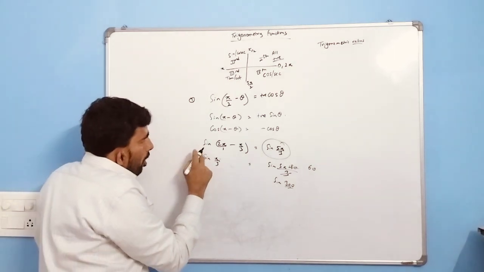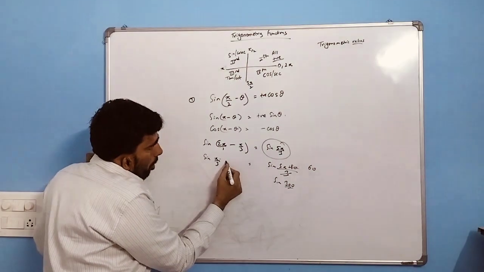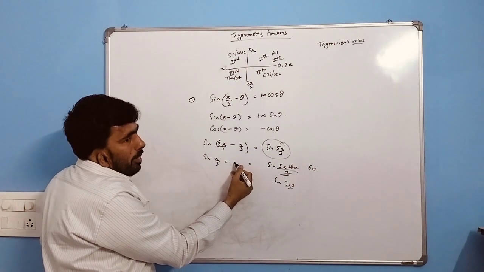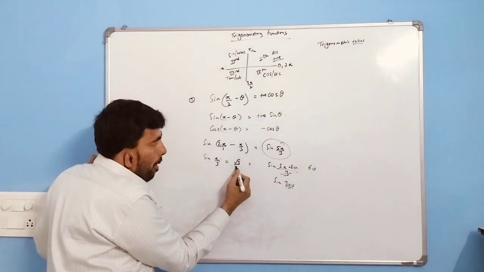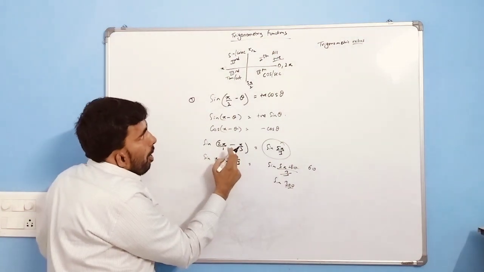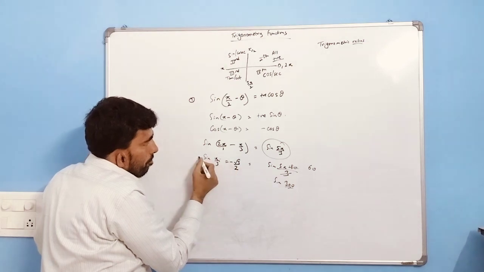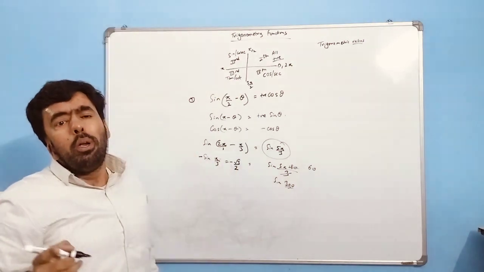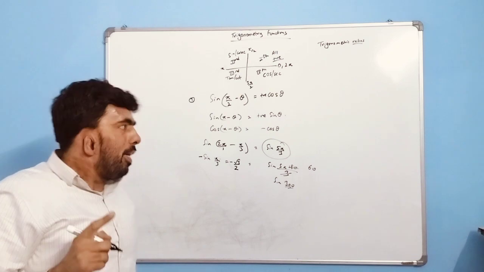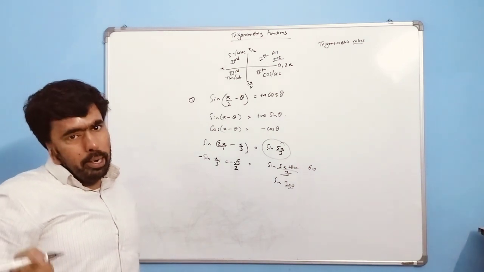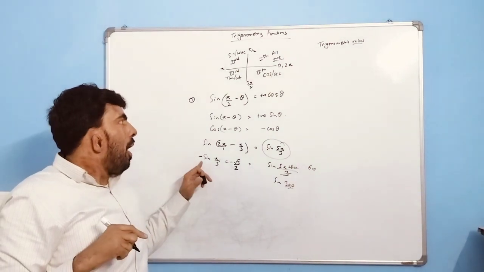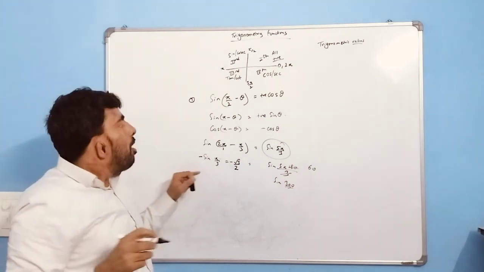So what is sin pi by 3? Sin 60 is root 3 upon 2. But I am talking about the fourth quadrant, so it will be negative, because in the fourth quadrant only cos and the reciprocal of cos are positive. So here sin will be negative.